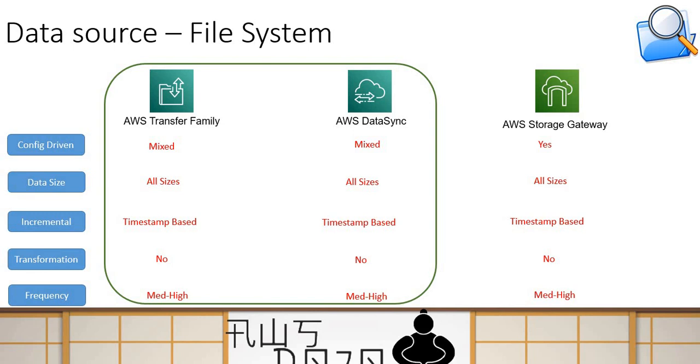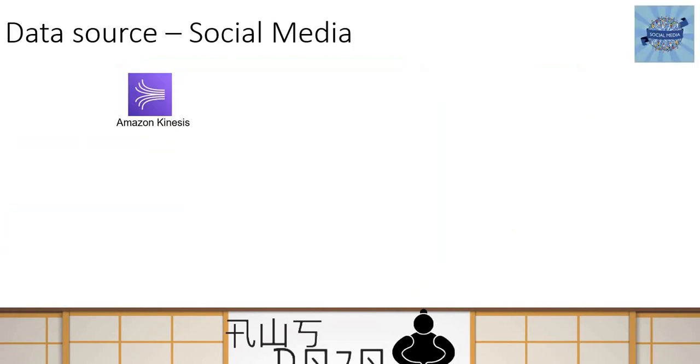So in the case of a file system, Transfer Family or DataSync are more suitable compared to Storage Gateway.